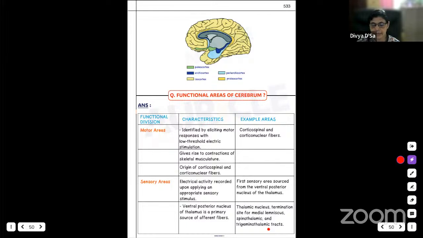Basically, in the thalamic nucleus, the medial lemniscus is mainly carrying vibration and proprioceptive sensations from the opposite side. The spinothalamic tract carries pain and temperature sensations, and the trigeminothalamic tract carries pain and temperature sensations over the face. They are all carried by these tracts.